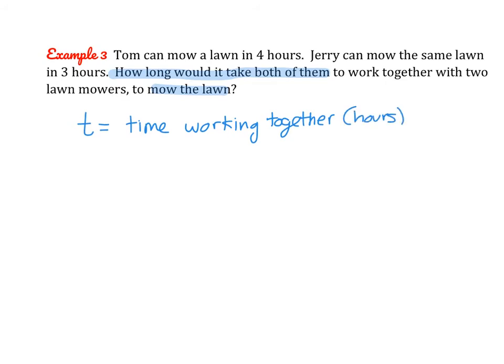So we're going to be using that idea we talked about earlier, that if it takes t hours to do something, you can finish 1 over t of the job in 1 hour. So let's make an equation that describes how much can be done in 1 hour.